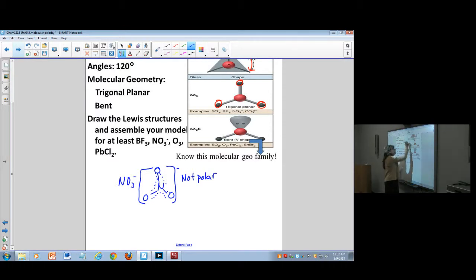It's like this AX3 here. It's a trigonal planar, and all the outer atoms are the same. Even though they're resonance structures, they are the same length and strength. That means all of the oxygens are pulling the electrons towards themselves with equal strength, and so those aren't polar.